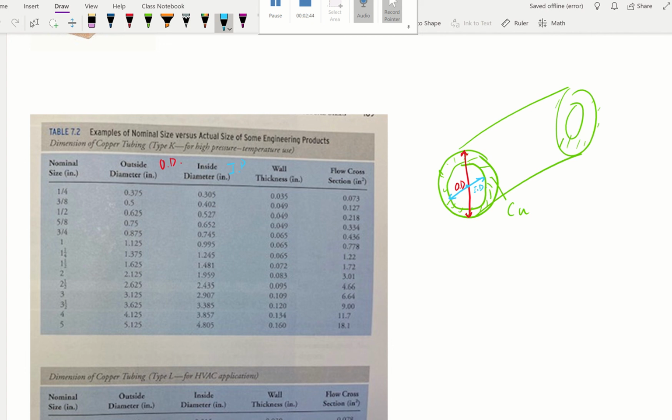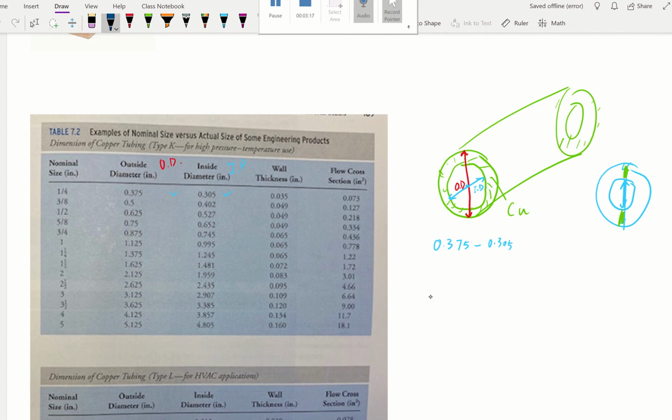Okay, so in order to figure out the wall thickness, knowing those two numbers, we can, even though this table gives us that information. Let's just try one for fun. You're going to use the outer diameter, 0.375, minus the inner diameter. When you use this outer diameter minus this inner diameter, what's left is actually 2 wall thicknesses, right?